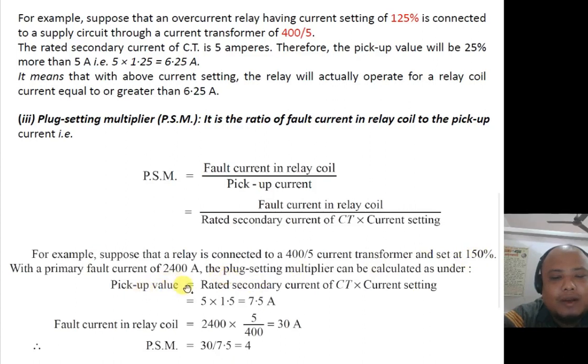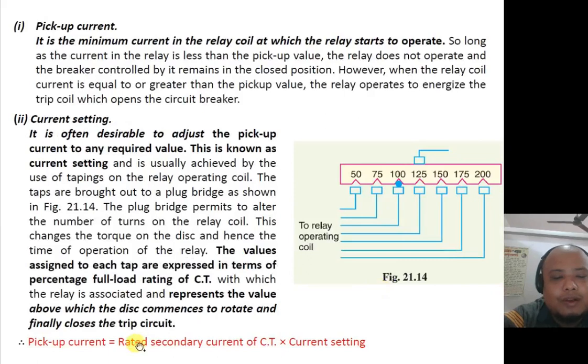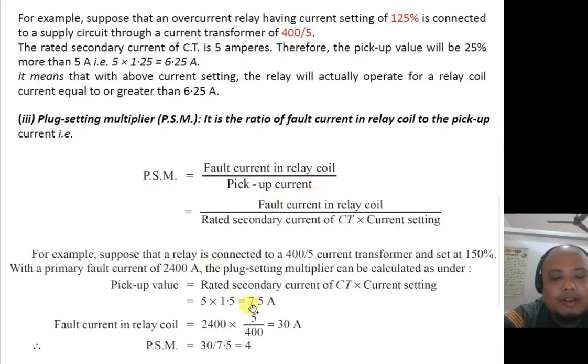Pickup current will be the rated secondary current of the CT, which is 5 ampere, and this current setting is 150%. So rated secondary current into current setting is the pickup current of the relay, which is 7.5 ampere.